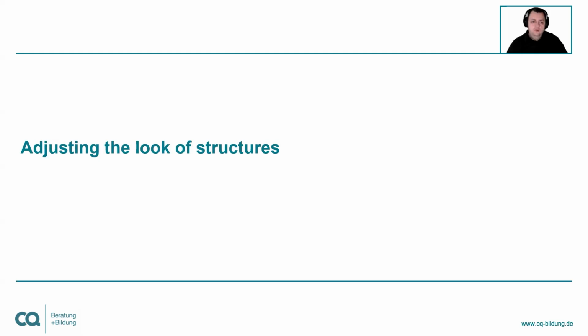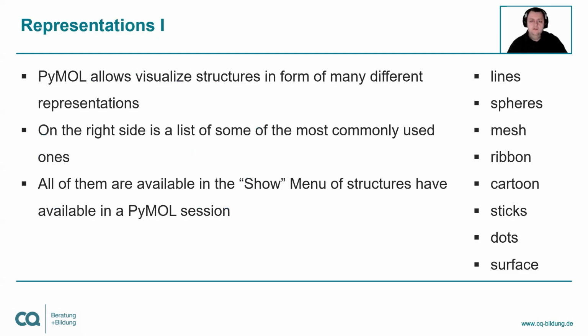PyMOL allows users to adjust the look of their structures to fit their needs, and this is done with the help of so-called representations. These representations determine how an object is shown in PyMOL and thus also later in the corresponding images.